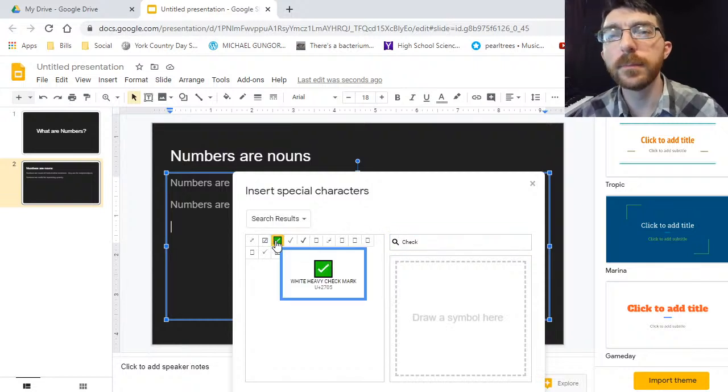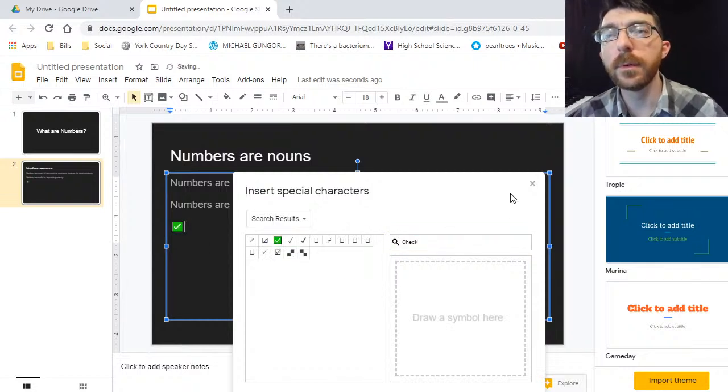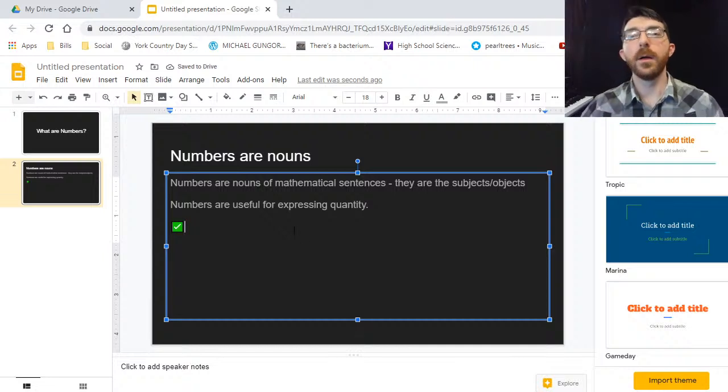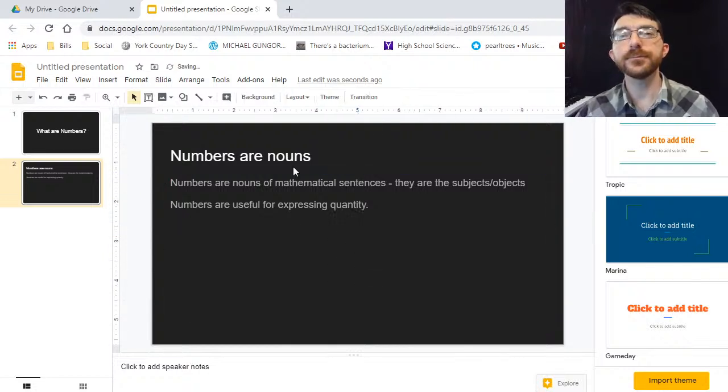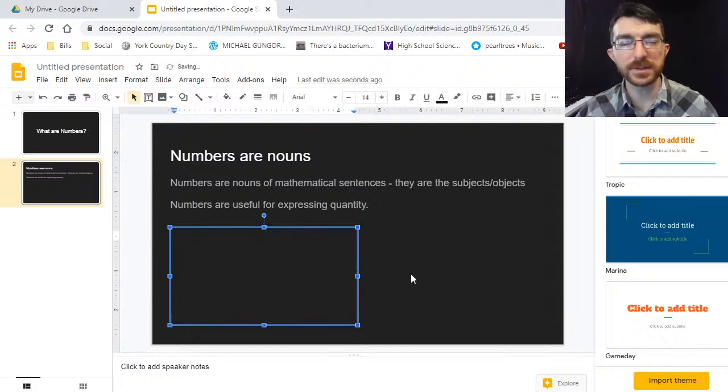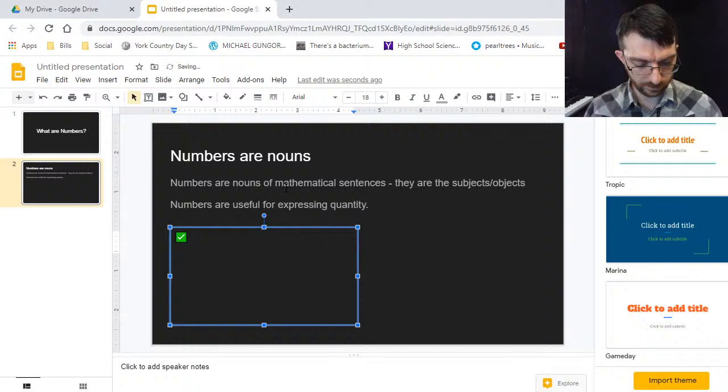There we go. All right, I think this would actually be good to do with 2 different text boxes. All right, so this one's going to take up this side, and it's going to be like a versus. Okay. Check.